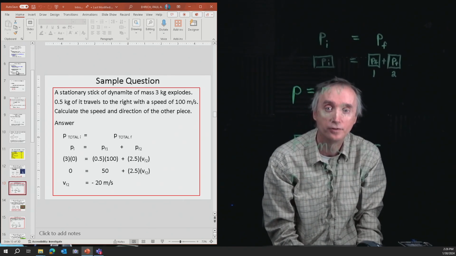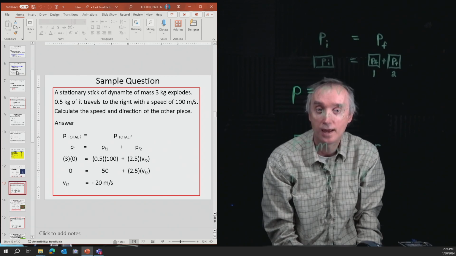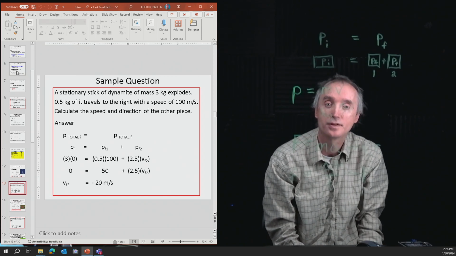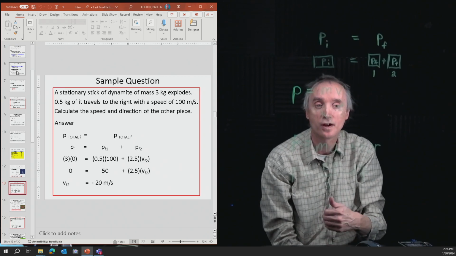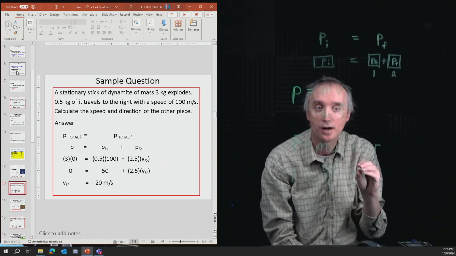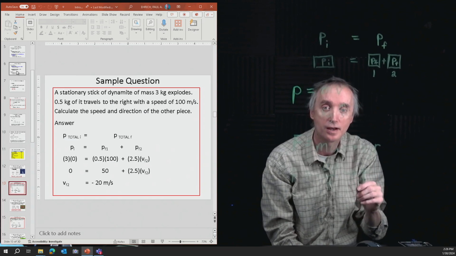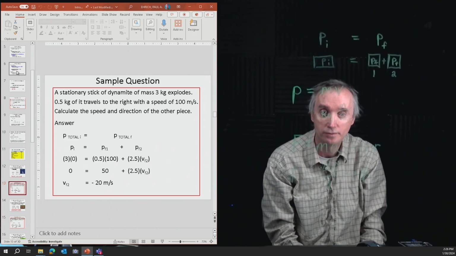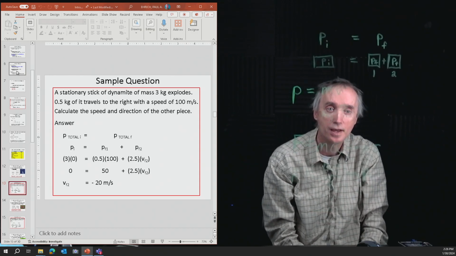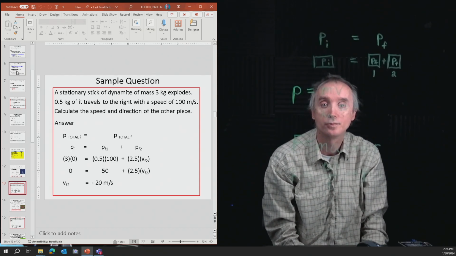Then you solve it for V, and keep in mind the sign convention. Anytime something is traveling to the right, give it a positive speed, and anytime something is traveling to the left, give it a negative speed. This one turned out to have a negative speed, which meant that it was traveling to the left.